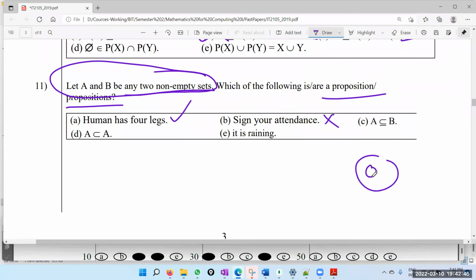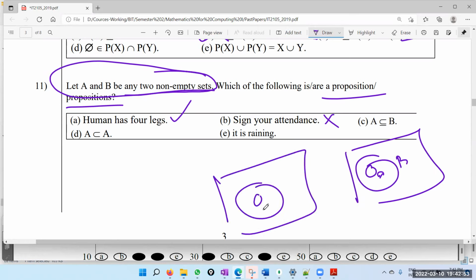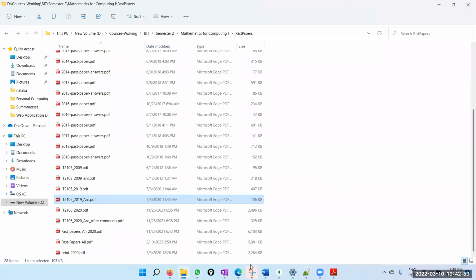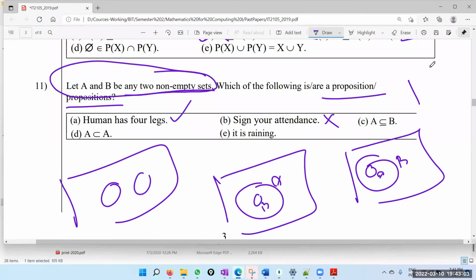So therefore, there can be a situation where A is here and B is here. There's another situation where B is here, A is here. And there's another possibility A and B are something like this. There's another possibility A and B are something like this. So many possibilities, right? So therefore, depending on the situation, this can be true or false. If something can or cannot be true, it is not a proposition.